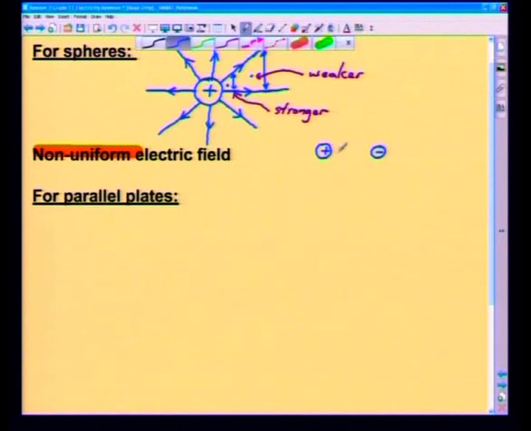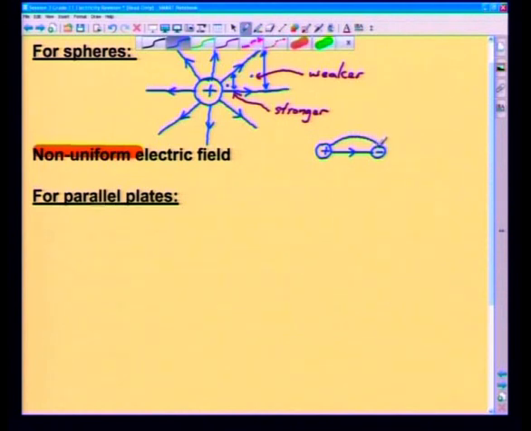We know that the field for a positive charge, the direction is away, and for a negative charge, the direction is into, or the field lines land on a negatively charged object. What we would have is something like this.